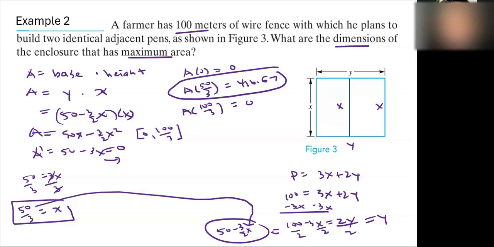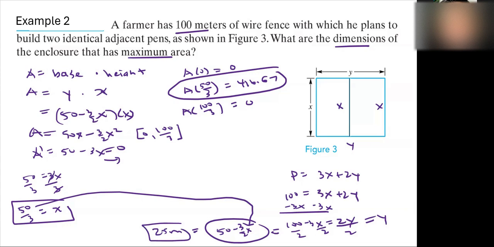When we do that, let me pause here for a second. Okay, so once we plug that in there, right? So at 50 over 3, we plug it in for our y equation, and we get 25 meters.